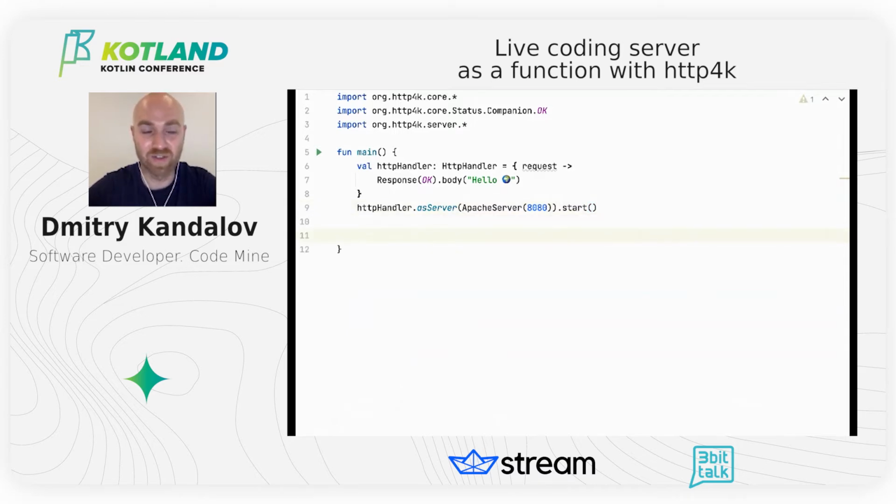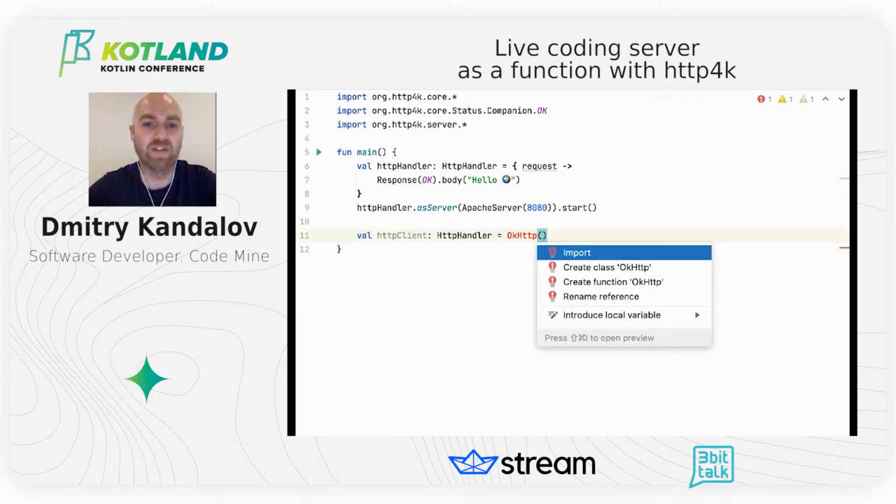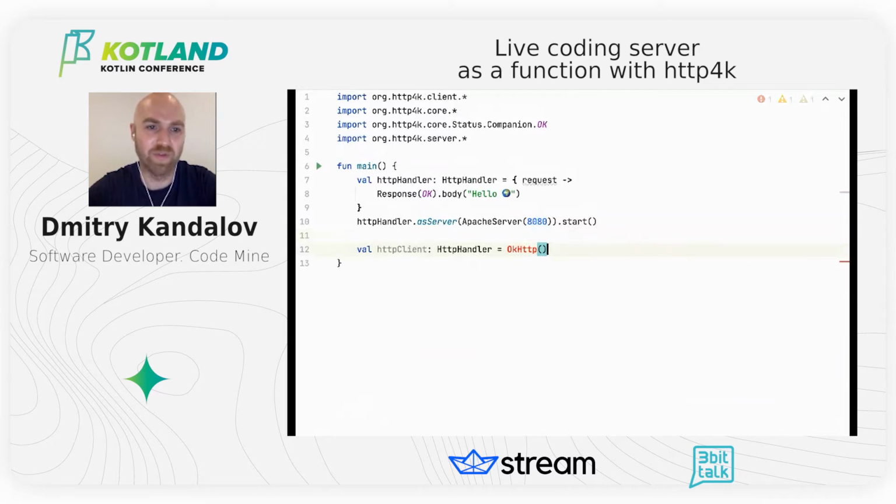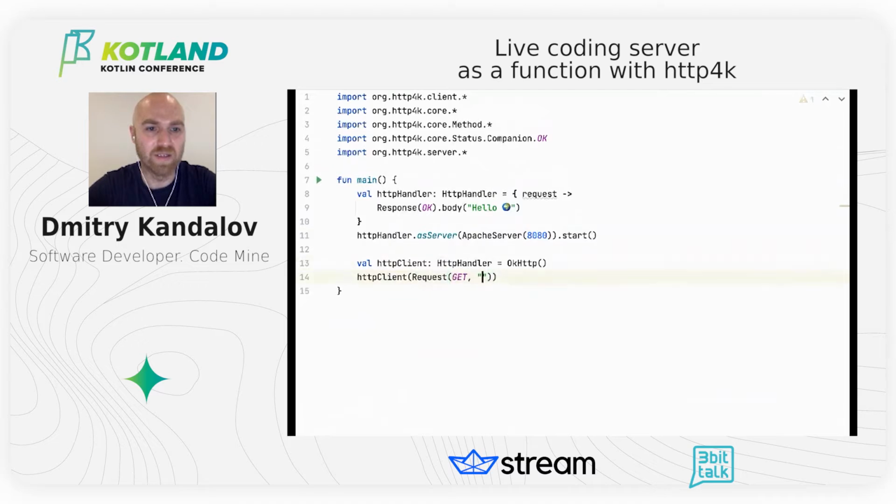So that's how you can do hello world in http4k, but it would also be nice to write a client in Kotlin itself. So I can define an HTTP client, which is also going to be an HTTP handler. For the HTTP client, I'll use the integration with the Apache HTTP client library. All we need to do is to pass a GET request into the HTTP client, an object with the request of what we had, localhost at 8080, pretty much what we had on the command line.